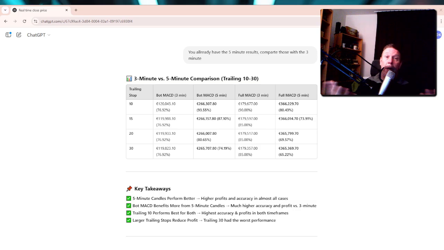Of course, we have a backend testing program made, so we better make use of it. And I did some more testing with the difference between 3 minute and 5 minute candles, because we had early results, and I can show you those results if I go to the right window.